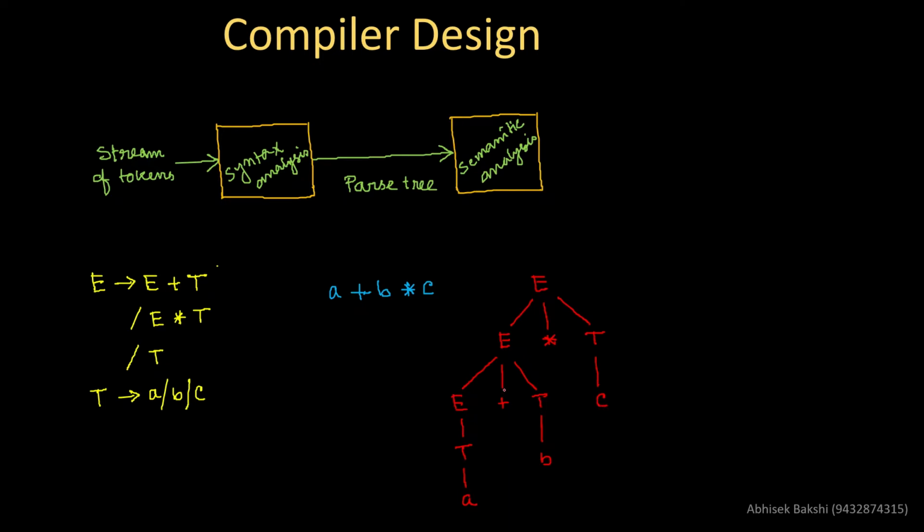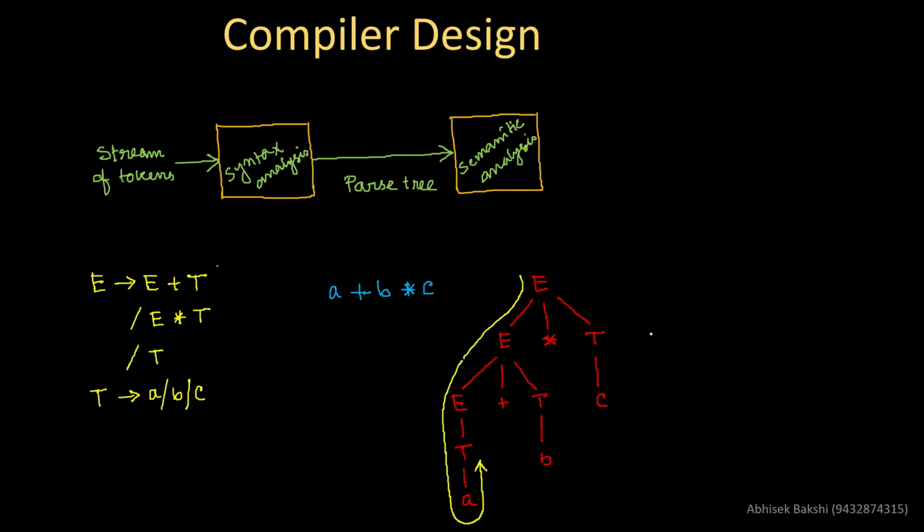So using this syntax tree, if you start from the beginning, from the root, and you go downward in this way, when you see a leaf node, you will start going back. So basically what you are doing is reducing a small terminal string to a variable, right?